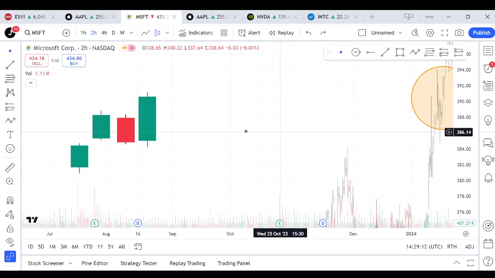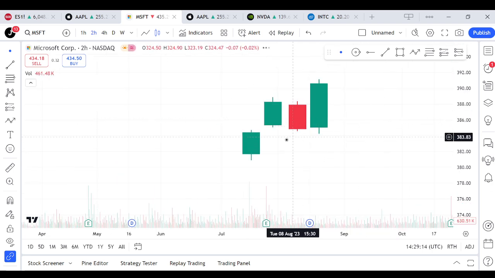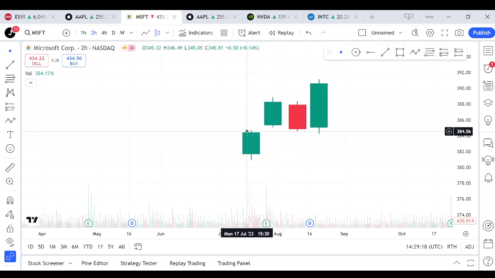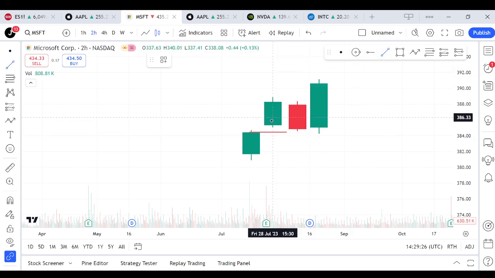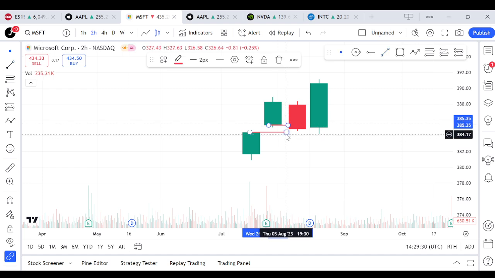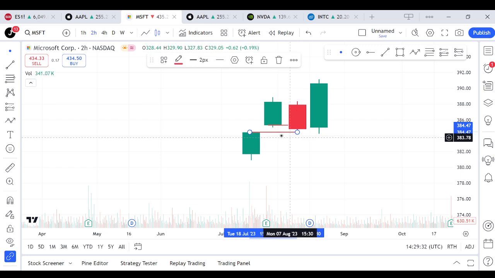All right. So as I said, it's a three candle pattern that begins with two strong bullish candles with a gap between them. This is the gap between the close of this first candle and the open of the next bullish candle, and it's expected that the third candle, which is the bearish candle, should come and fill in this gap partially.